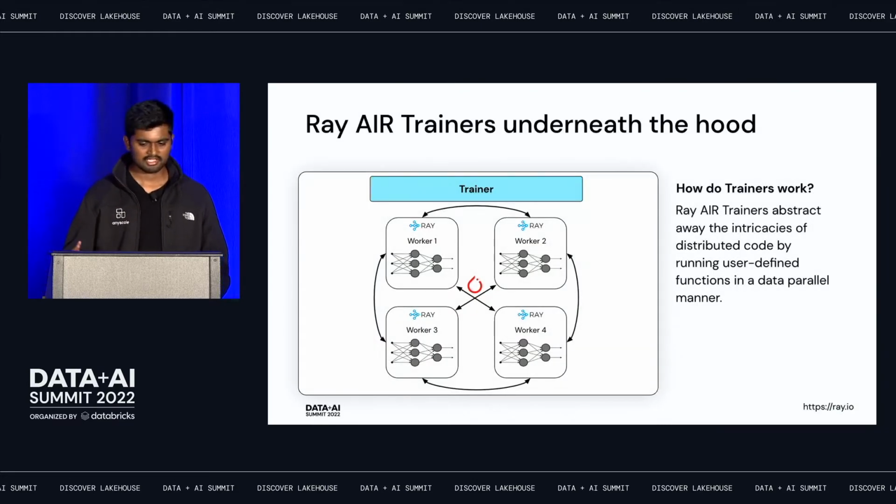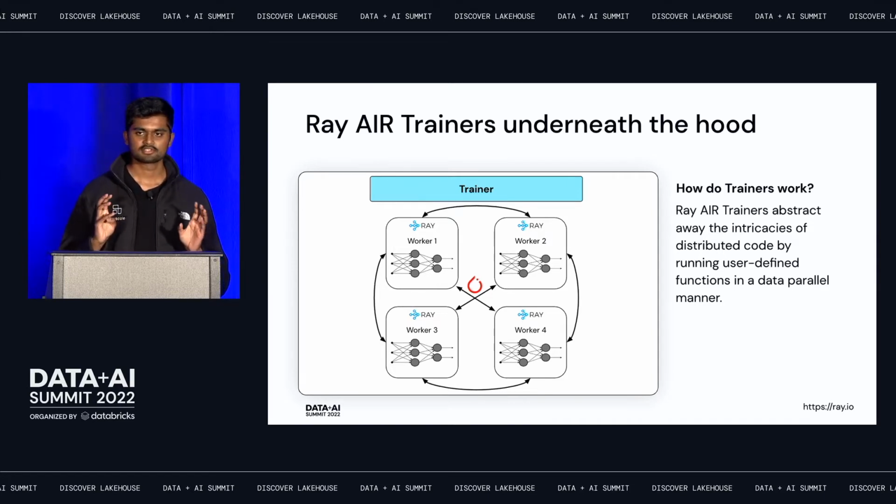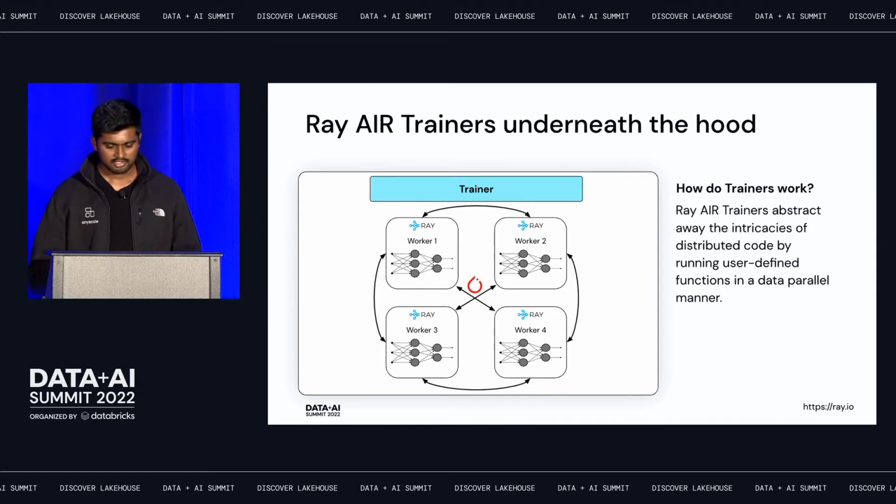So just taking a look at how these Ray Air trainers work under the hood. This is just standard data parallel training. Ray will launch multiple processes across your entire cluster. If you have GPU enabled, each process will be on 1 GPU, and will load a model replica on that GPU.